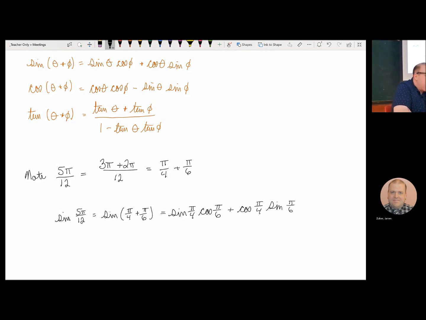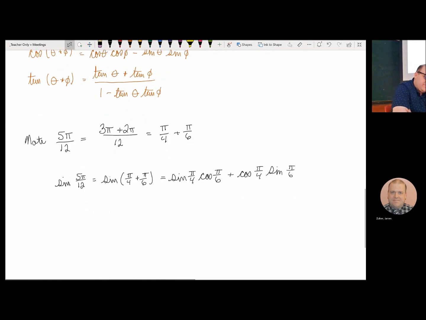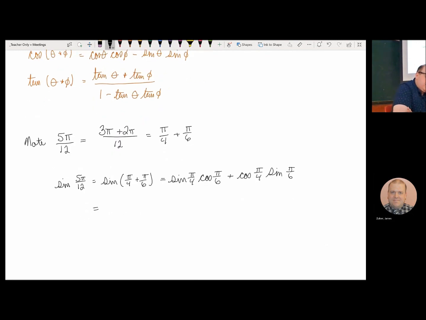That would give us sine of pi over 4 times cosine of pi over 6 plus cosine of pi over 4 times sine of pi over 6. Sine of pi over 4 is root 2 over 2, we did it already. Cosine of pi over 6.